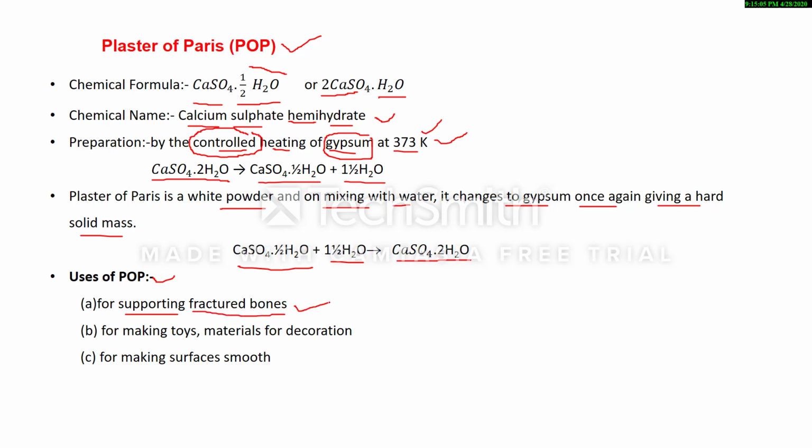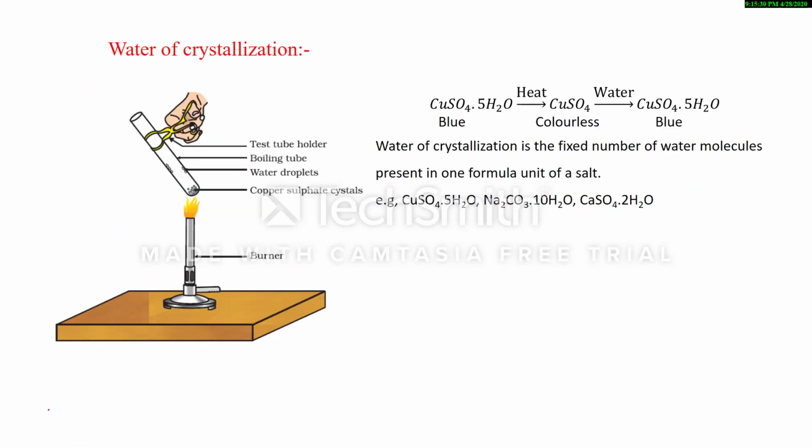You have seen that if any bone gets fractured, then to support the bones, the doctor applies plaster. The chemical used for plastering is plaster of Paris. It is also used for making toys, materials for decoration, and for making surfaces smooth. So this is about plaster of Paris.